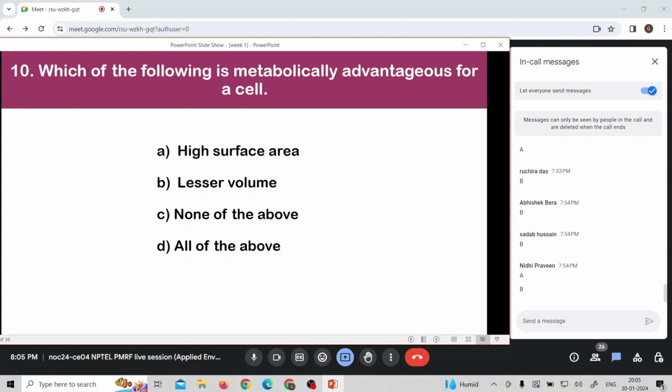And I'm a bit sorry for the last option that's given here. It should be both A and B, and C will be none of the above. So it cannot be all of the above. You can anyways post your answers, considering the last option to be both A and B.